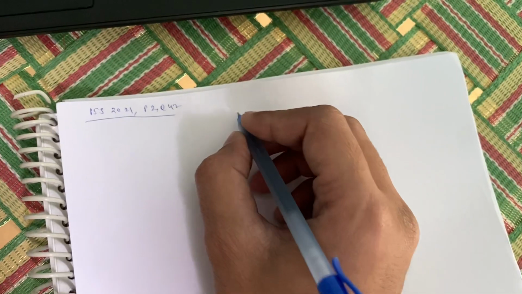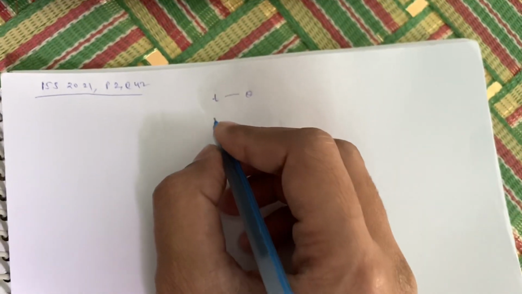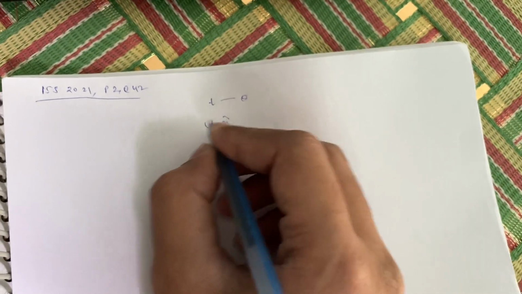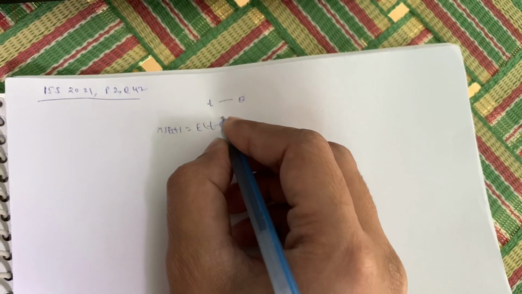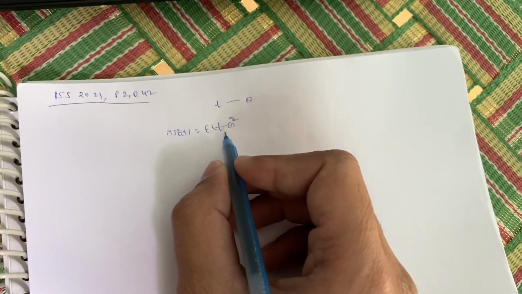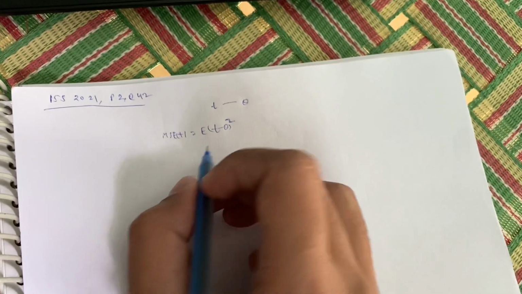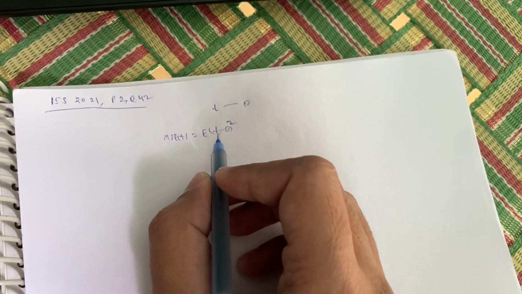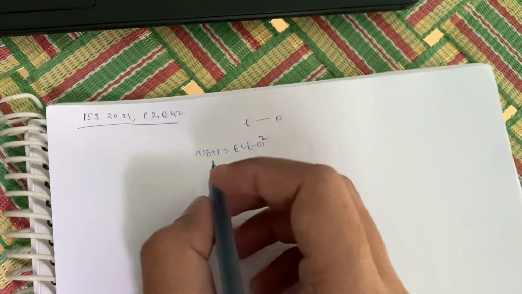So what is MSE first? If T is an estimator of parameter theta, then MSE of T is defined like this: the expected value of the square of the distance between the statistic and the parameter.